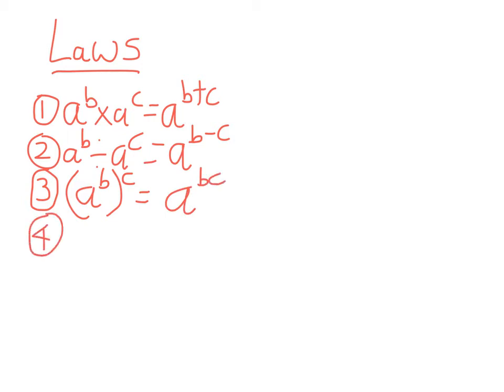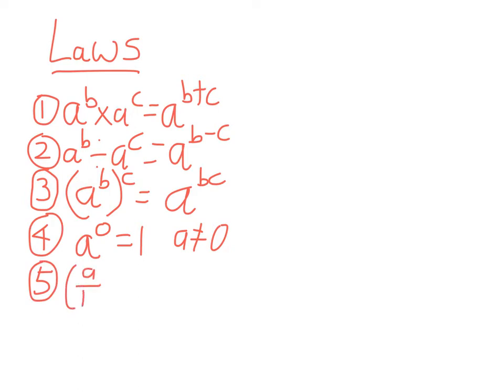The fourth index law is a consequence of the second one. If a is not equal to 0, then a to the power of 0 equals 1. So 1 to the power of 0 is 1, 2 to the power of 0 is 1, 3 to the power of 0 is 1, minus 1.257 to the power of 0 is 1. The only exception is 0 to the power of 0, which is undefined. The fifth law involves fractions.